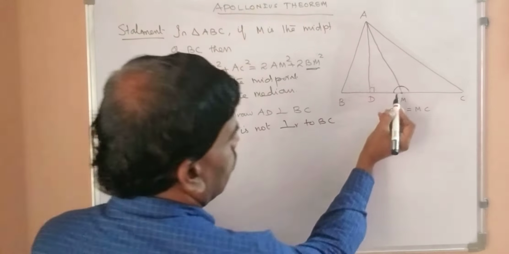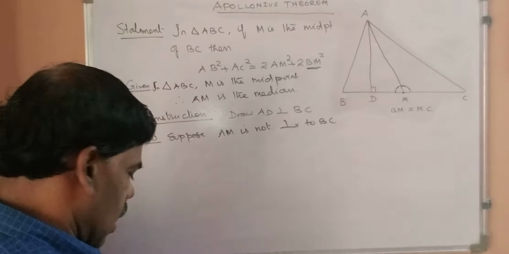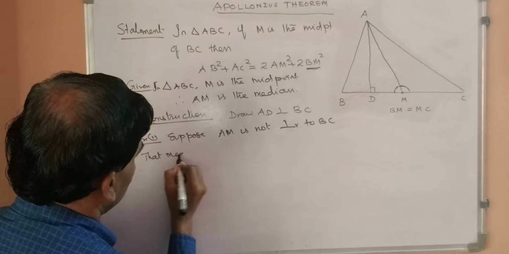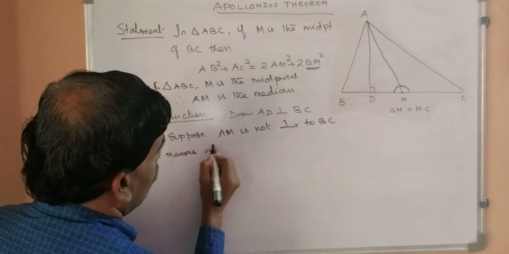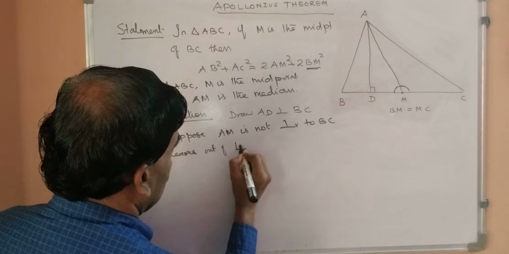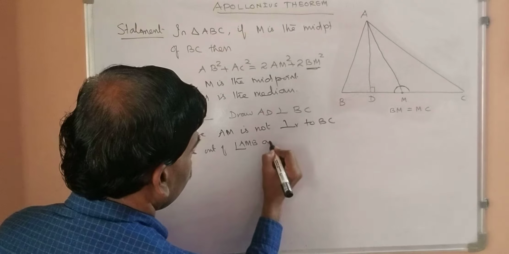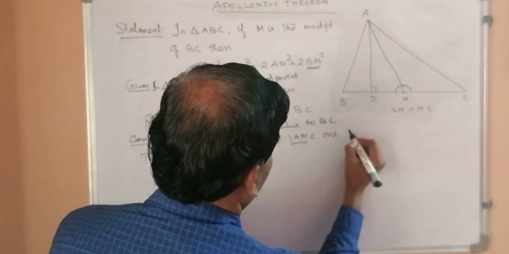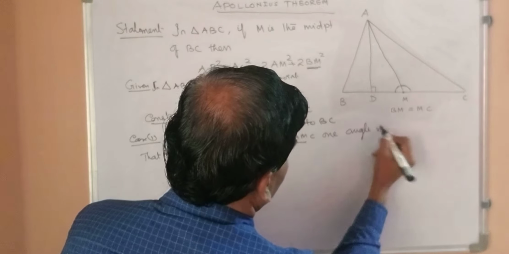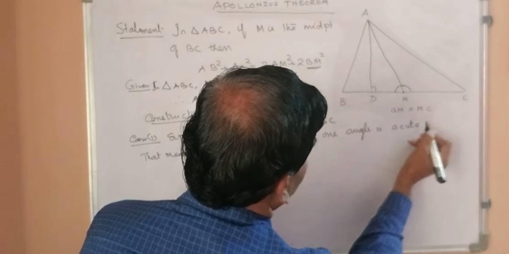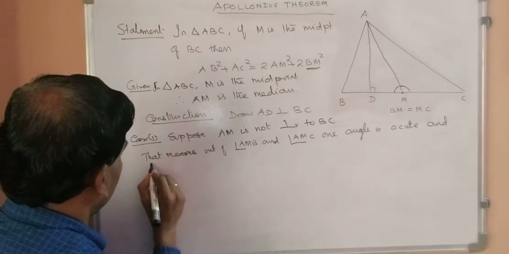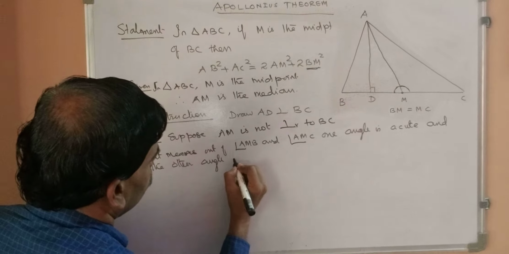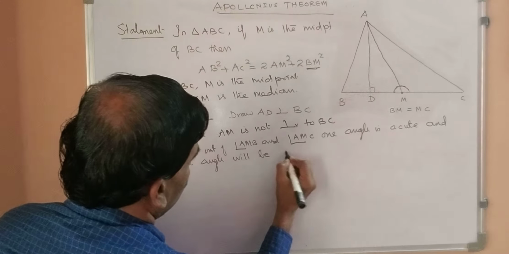Now, for example, out of angle AMB and angle AMC, one angle is acute and the other angle will be obtuse.